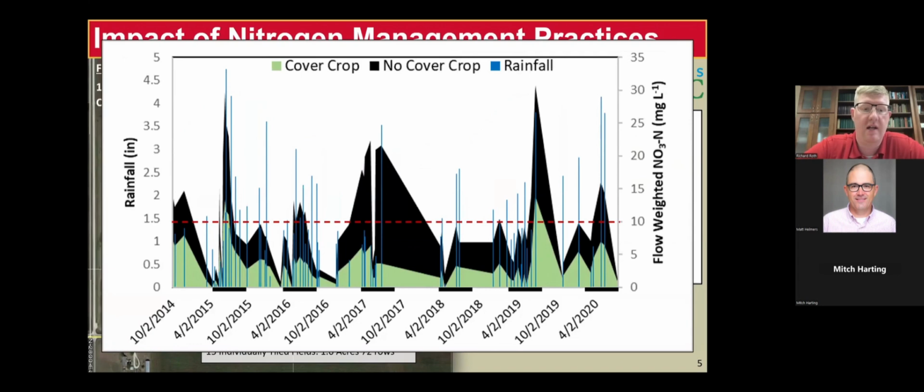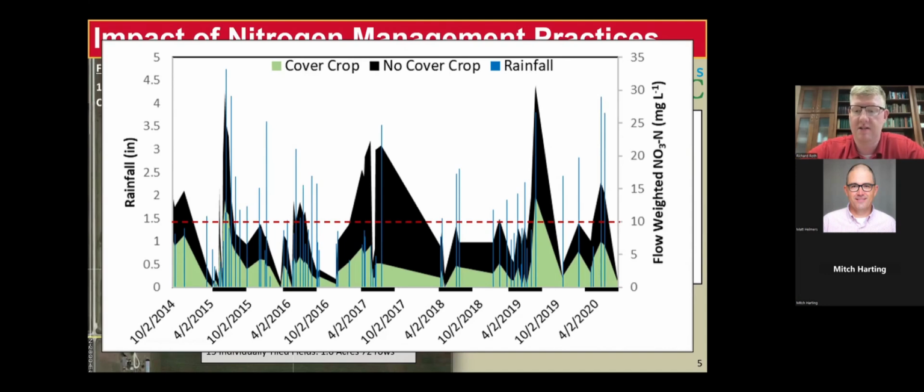So the next thing that we'll look at here is just the impact of that cereal rye on the tile drainage nitrate concentrations. The blue lines on this figure are rainfall in inches, and the black and the green is our nitrate concentration in milligrams of nitrate per liter of water that leaves the field.